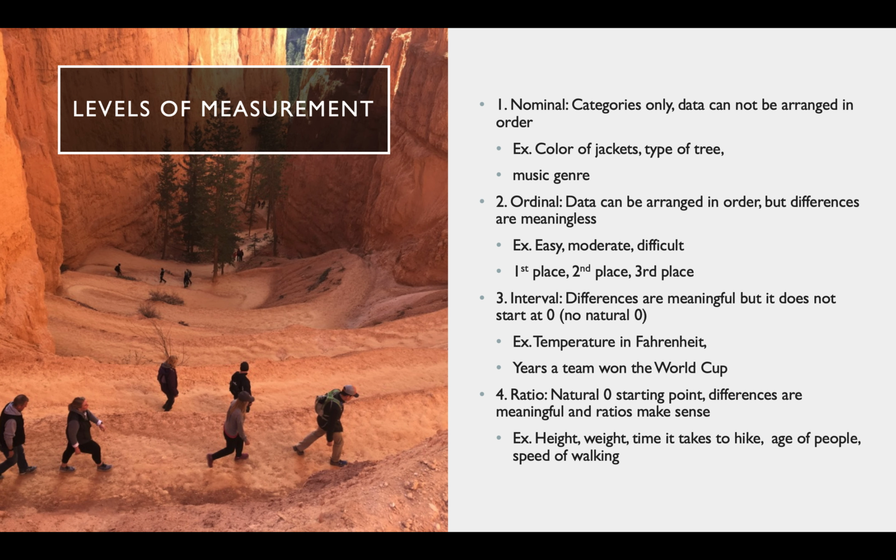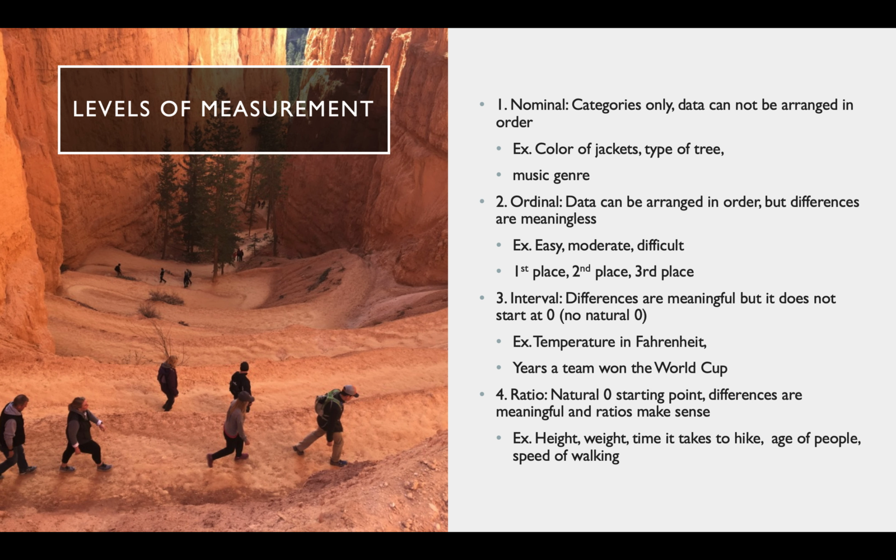The next one's ordinal. And this means data can be arranged in order, but differences are meaningless. So, for example, this hike was easy, moderate to difficult. This hike was probably difficult. But going from an easy to a moderate hike, it isn't, oh, this one was exactly 5 miles longer, or this one was an hour longer.